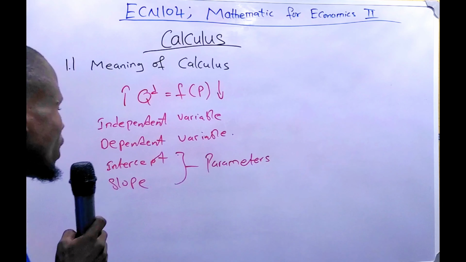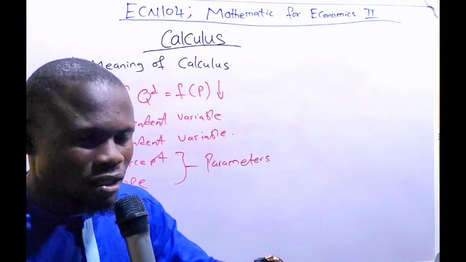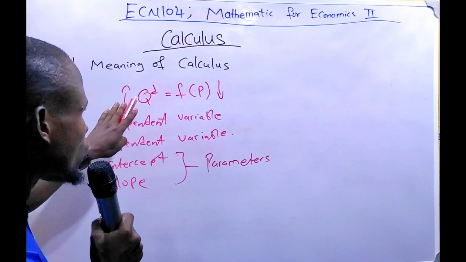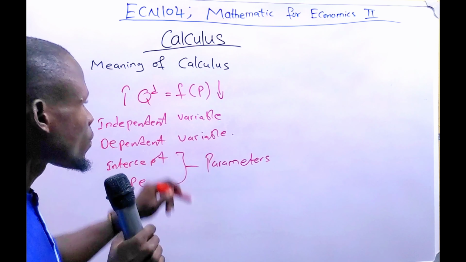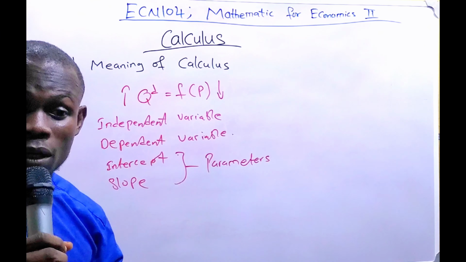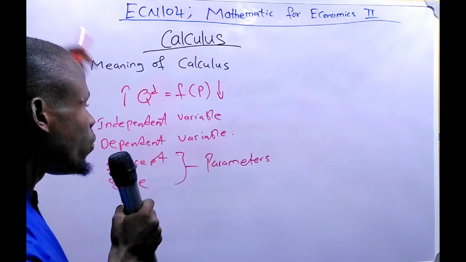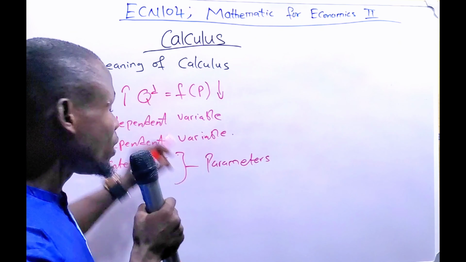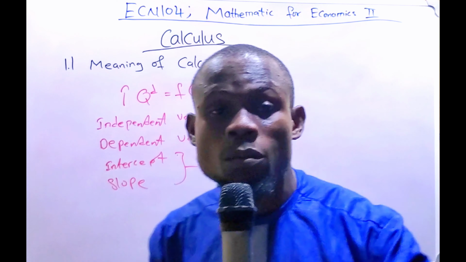Now, the independent variable is that variable that causes a change in the other variable. In this case, we have two variables here. We have quantity demanded represented by QD, and we have price represented by P. Which of these variables causes a change in the other? We obviously see that it is the price that influences quantity demanded. When price does not change, quantity demanded is maintained.